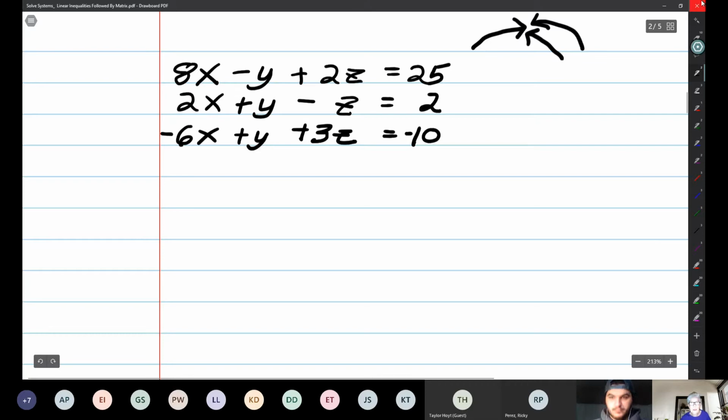In order to find the correct latitude, longitude, and altitude, we're going to use a matrix, okay? This is what a matrix is.